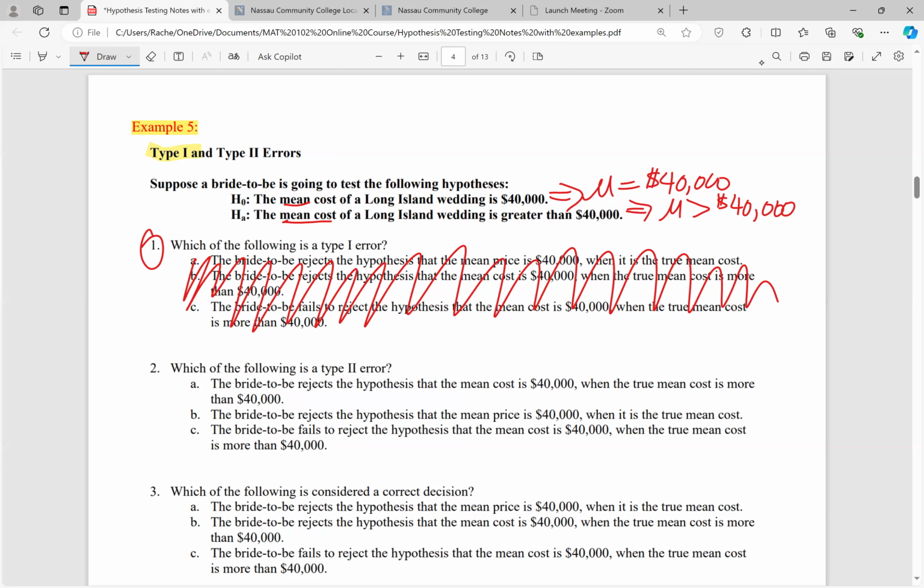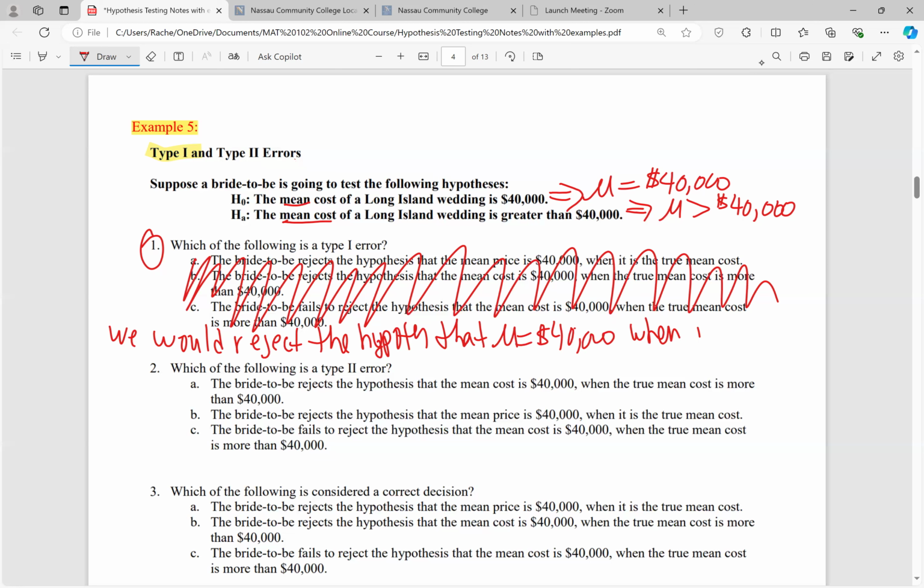So we would reject the hypothesis that the mean cost is equal to 40,000 when it's the true mean cost. So that would be rejecting the null when it's true.